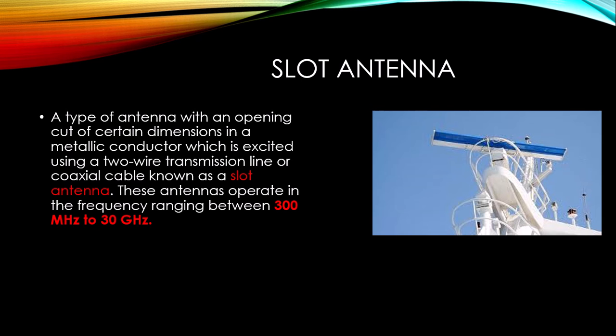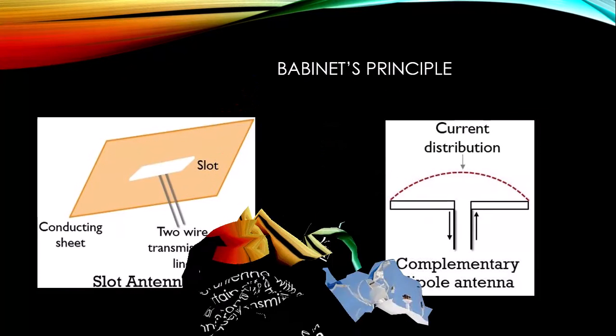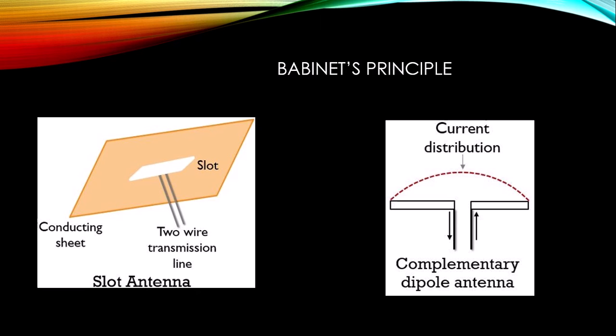So a horizontal slot antenna provides a vertically polarized signal, while a vertical slot antenna gives a horizontally polarized signal. Let's go to the operating principle. Slot antennas operate on the principle that whenever a high frequency field is present across the slot in a metallic sheet, then energy is radiated.